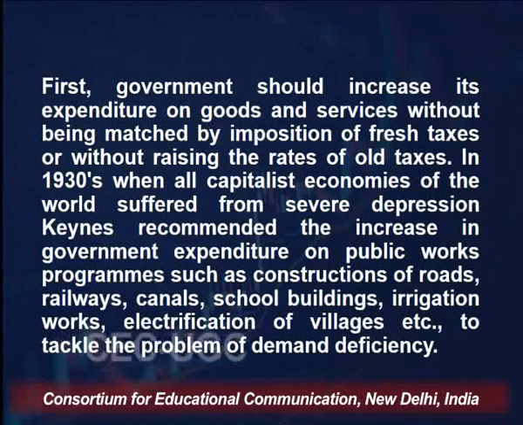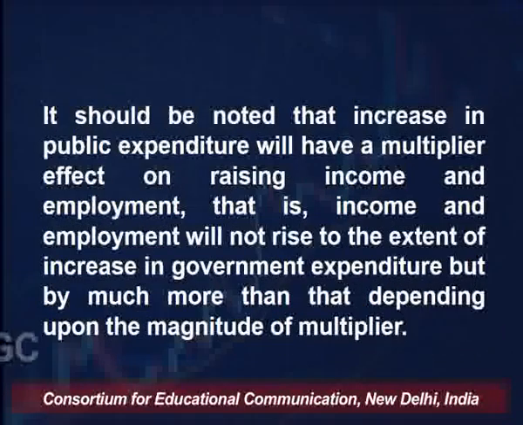In the 1930s, when all capitalist economies of the world suffered from severe depression, Keynes recommended an increase in government expenditure on public goods and public works programs such as construction of roads, railways, canals, school buildings, irrigation works, electrification of villages, etc., to tackle the problem of demand deficiency.